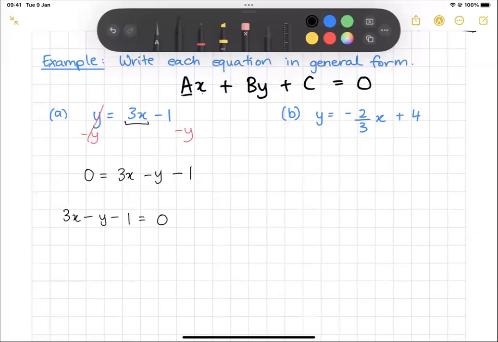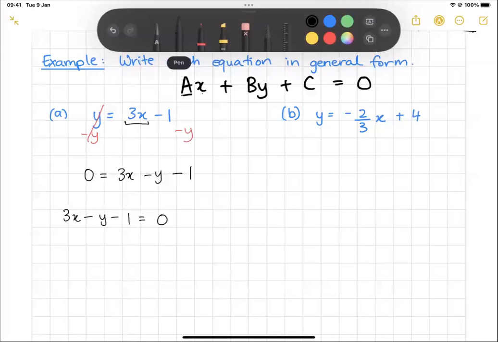Question number B. I'm going to check if my A is positive. In this question, it says y equals negative 2 over 3x plus 4. Where's my Ax? My Ax is this term right here, negative 2 over 3x. Is that positive? No, it's negative. So what I'm going to do is try to move it to the other side to make it positive.